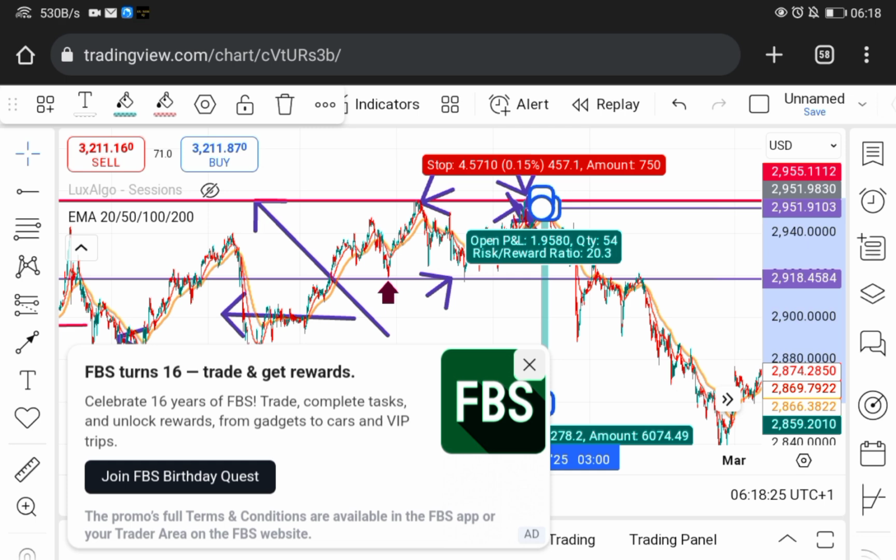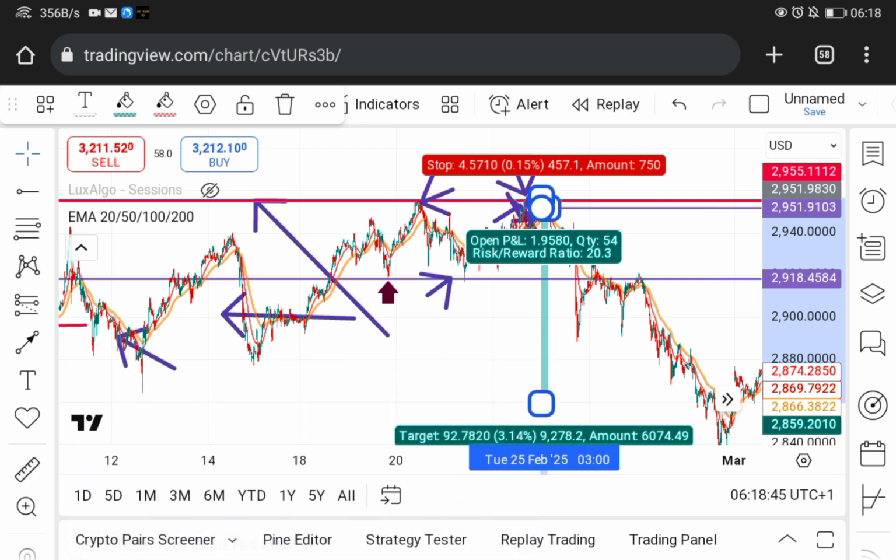Instead of you trying to grow your $100, you end up losing everything. It's better for you to stay and not see a trade than to take a bad one, because when you are using a smaller account, you have to wait for a good trade to take, not just take a trade because you want to take a trade. Like the way I trade, if my entry criteria doesn't match, I will not force a trade.